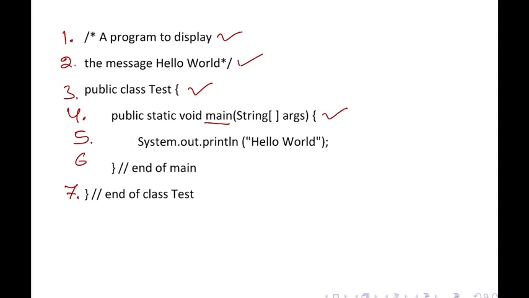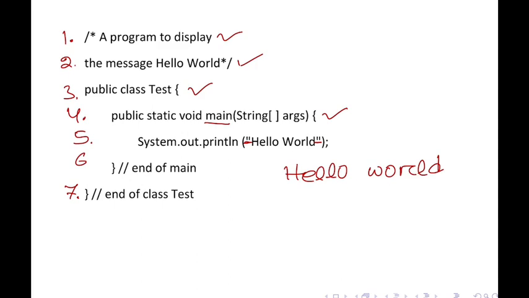So line number 5 instructs the computer to perform an action, namely, to display the characters contained between the double quotation marks. So here you can see the double quote. So it instructs the computer to print or display the text written inside the double quote, or in particular in this example to print hello world.